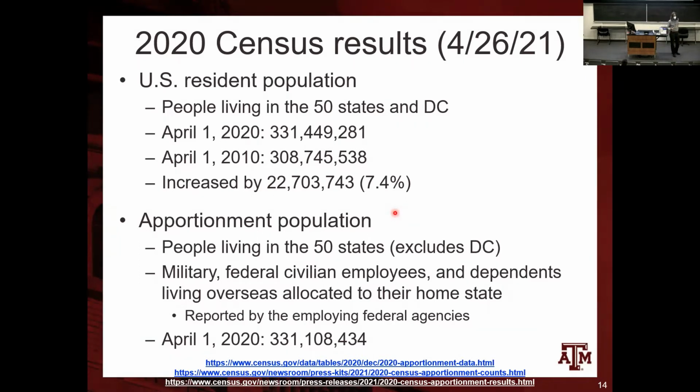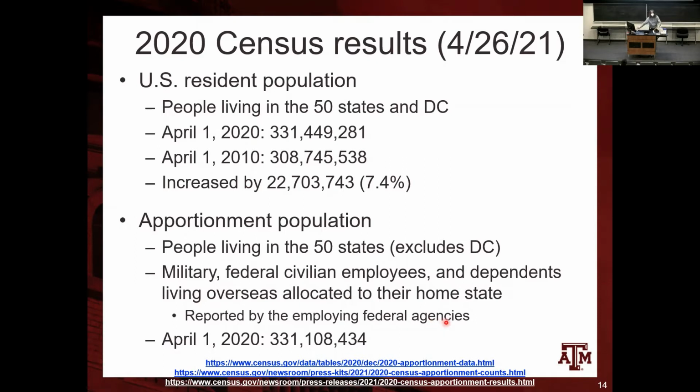And specifically about the apportionment population, that's people living in the 50 states, but excluding DC, and military, federal civilian employees, and dependents living overseas are allocated to their home state. And this is reported by the employing federal agencies.